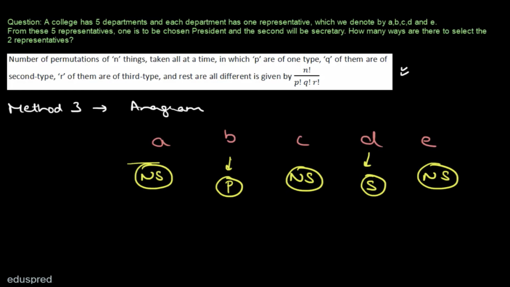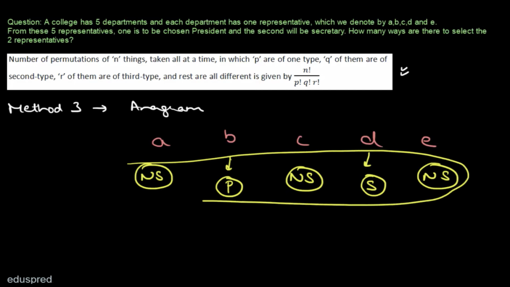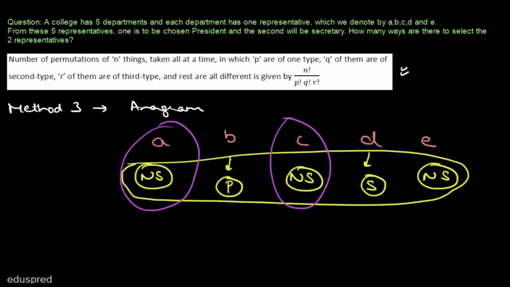If you view these things as categories, that would mean that A, C and E are in the same category and B and D are in different categories. In other words, A, C and E are of one type. They are not selected. B is of one type, B is the president, and D is of another type, he is the secretary. Now if we interpret this situation in this manner, we can directly use this formula.